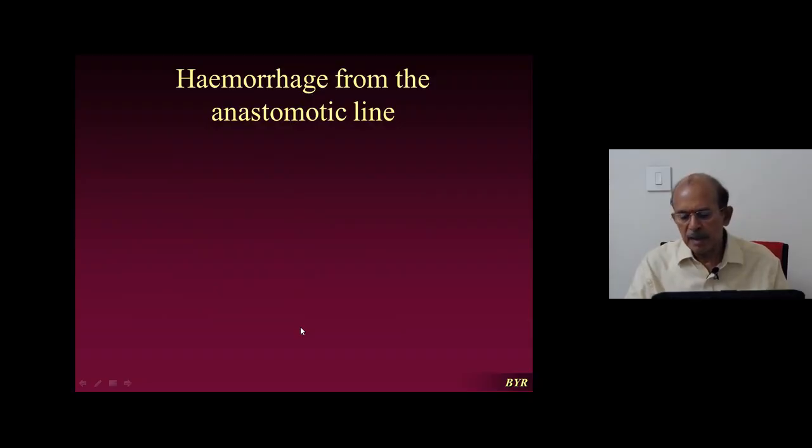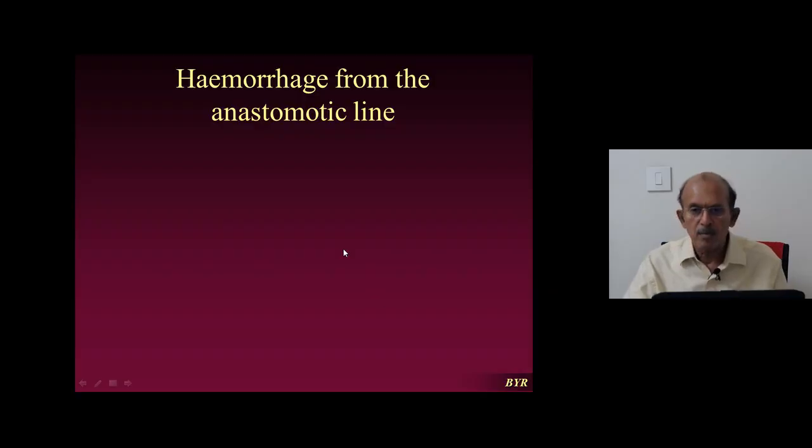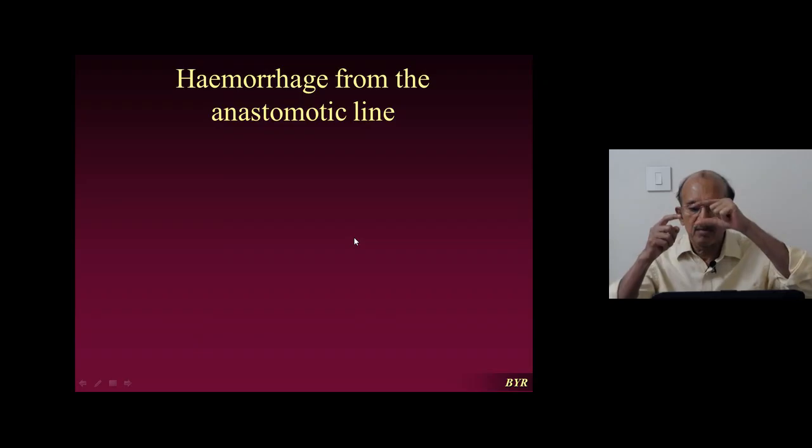Hemorrhage from the anastomotic line. Whenever you do a gastrectomy operation or simple gastrojejunostomy operation, you cut the stomach and jejunum and open the openings. For example, you make an opening of this much.